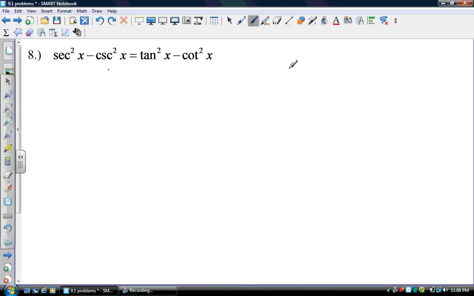Tangent squared plus 1 is secant squared. So I can really just replace secant squared with 1 plus tangent squared. It's equivalent. So I'm just going to substitute in for secant squared tangent squared plus 1.